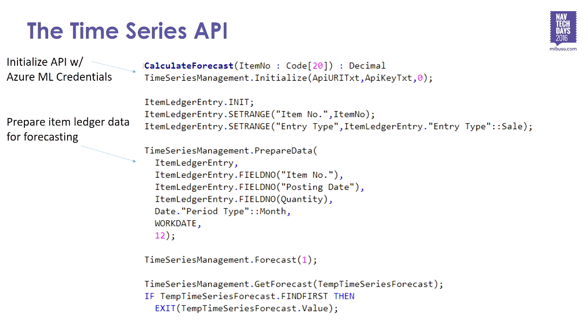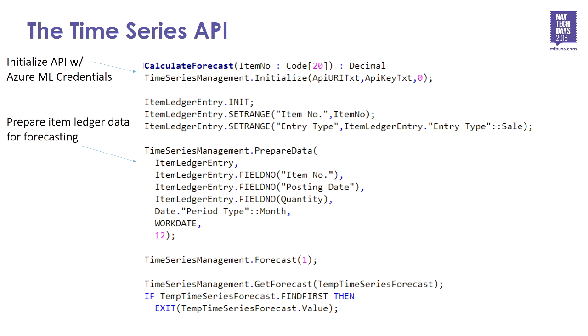The second field here is a time stamp, a date in this case. Since this is time series forecasting, we need a date. The last field here is a quantity. So the two properties that we need to do time series forecasting are a date and a quantity, and we have that in the item ledger entry.